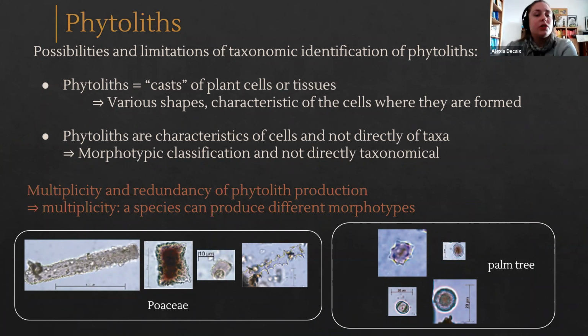So classification is based on morphotype and not directly on taxonomy, with two basic principles. The first one, multiplicity, means that each taxon generally produces several forms of phytoliths, several morphotypes. You have here some examples of different morphotypes produced on the left by the grass family, and on the right by the palm family.